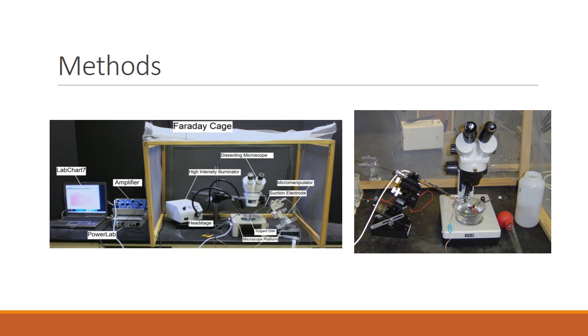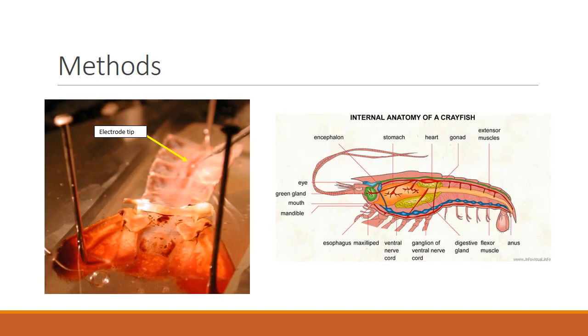Various solutions were washed onto the prep to examine the change in the resting membrane potential upon altering the potassium concentration in the solution. The data was then recorded with LabChart 7, which depicted and illustrated the changes in resting membrane potential. And here's a closer look at the dissected prep with the glass microelectrode tip and the extensor muscle.